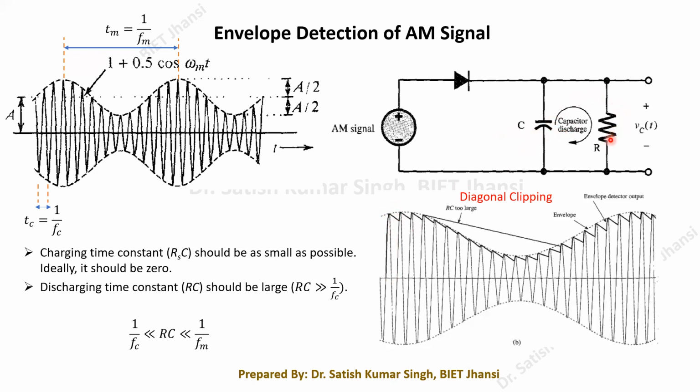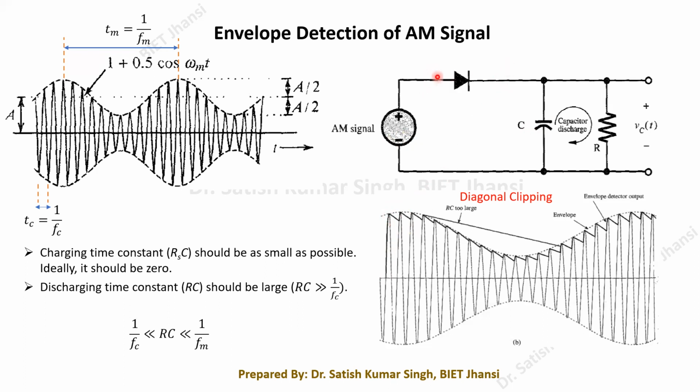What we can understand is that the capacitor, initially when it was not charged, in the first cycle was charged up to its maximum value, at this peak value. Then when the carrier signal goes down, the cathode becomes more positive than the anode.